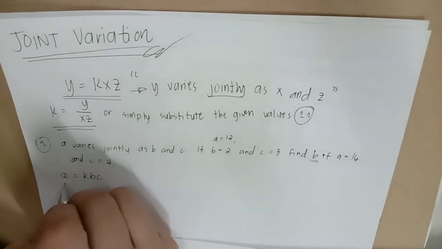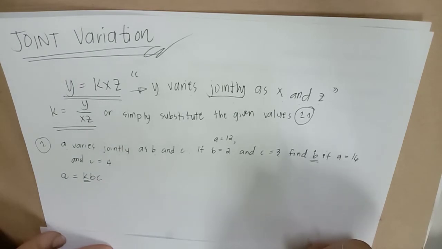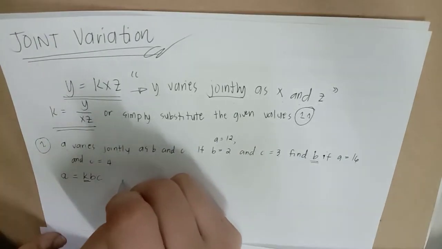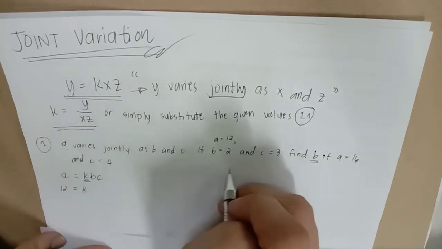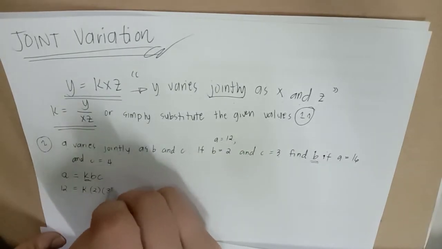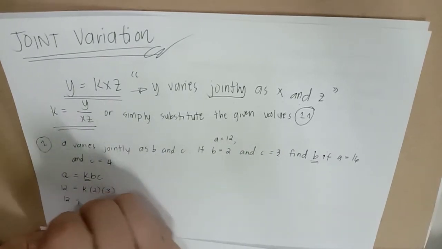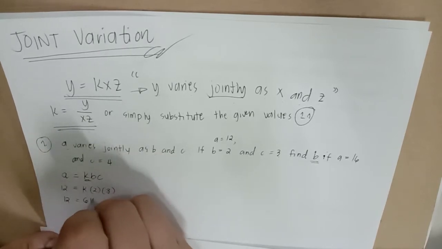Substitute lang po natin to find the value of K. A is equals to 12. B is equals to 2, multiply by 3. So, 12 is equals to 2 times 3 is 6 times K, 6K.